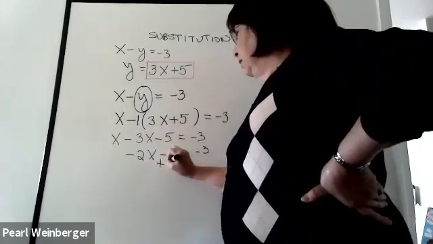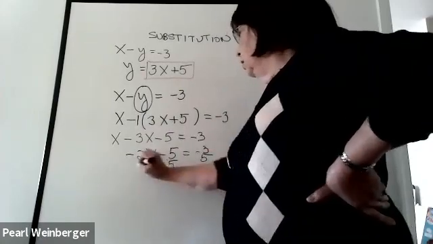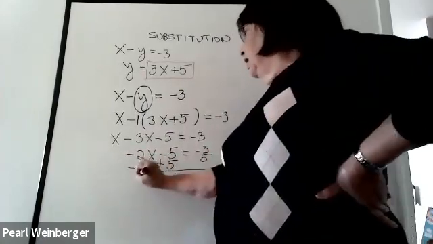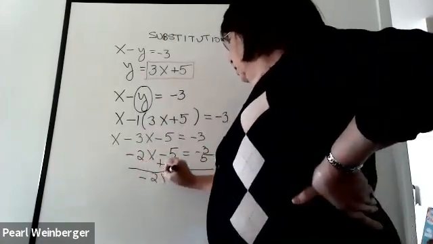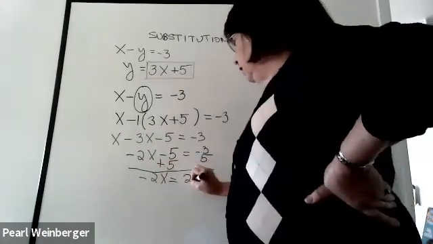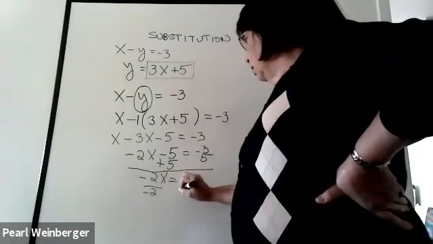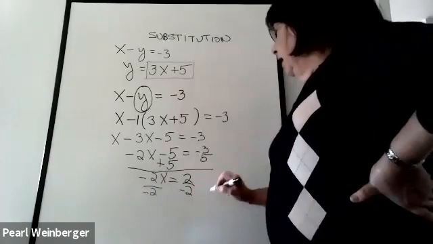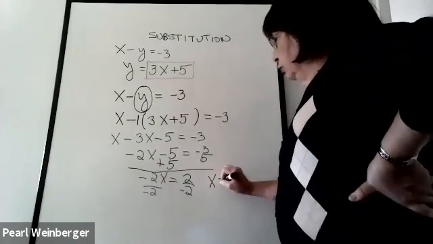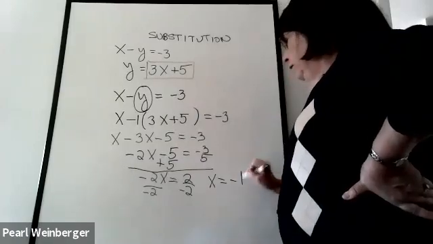I'll add 5 to both sides. And I will get -2x equals -3 plus 5, which is +2. And when I divide by -2, I will get x equal to 2 divided by -2, which is -1.